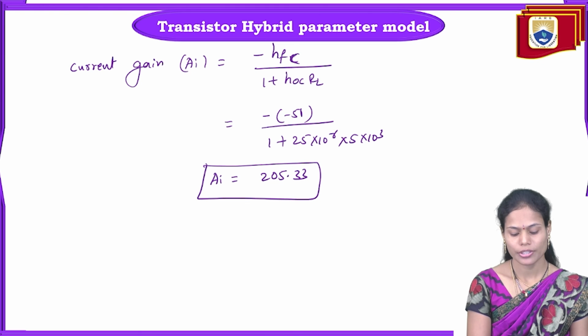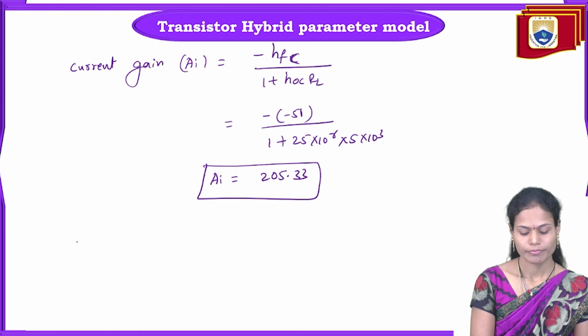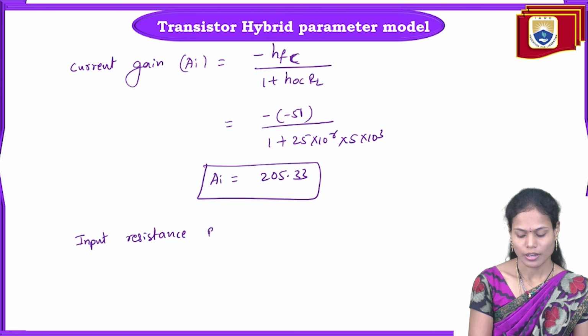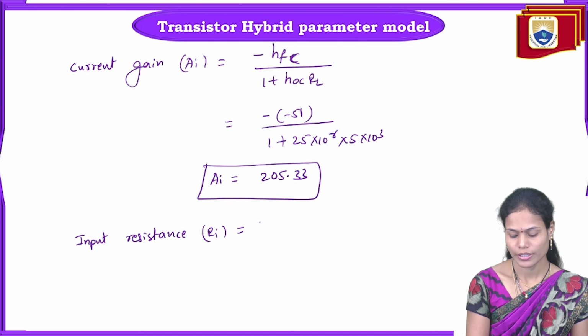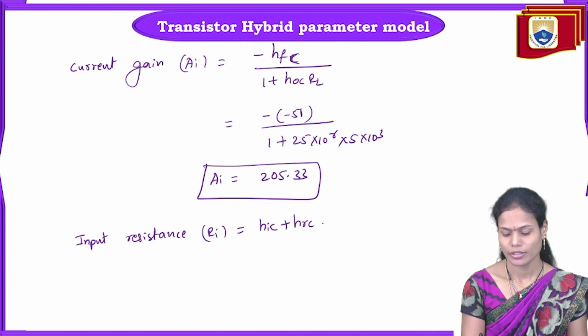And the next parameter is input resistance. Input resistance Ri is equal to HIC plus HRC into AI into RL.